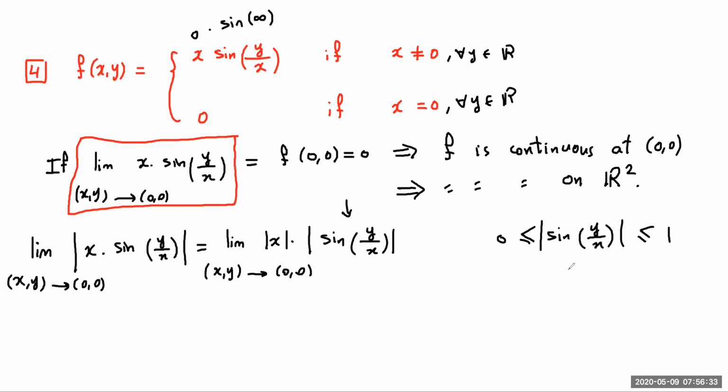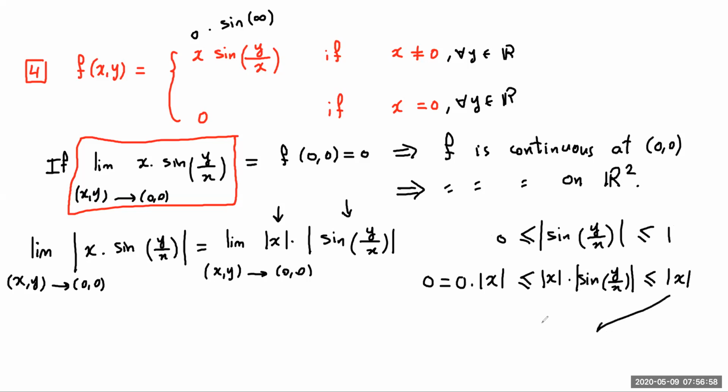So let's multiply by the absolute value of x. Absolute value of x times 0 is less than or equal to absolute value of x times the absolute value of sine y over x, which is less than or equal to 1 times the absolute value of x, which is the absolute value of x.